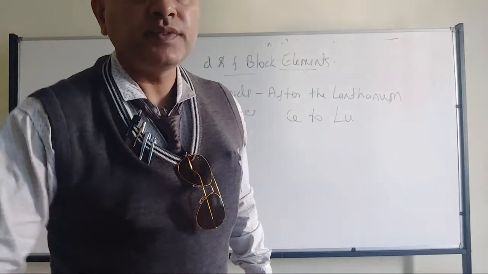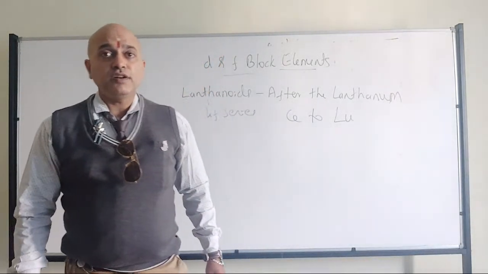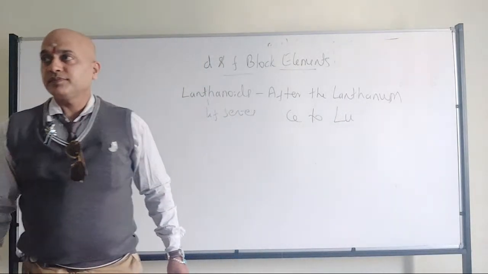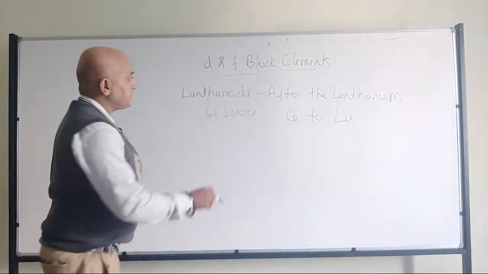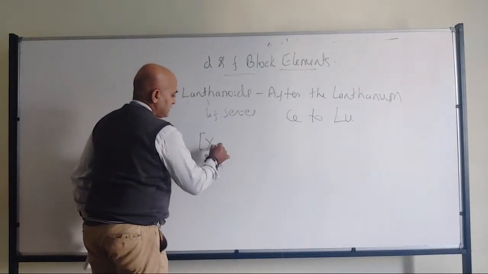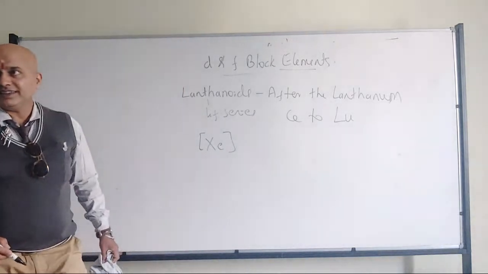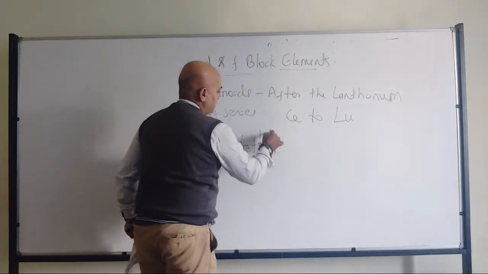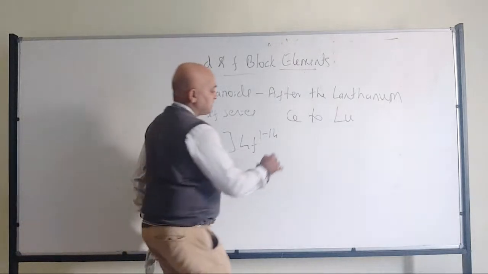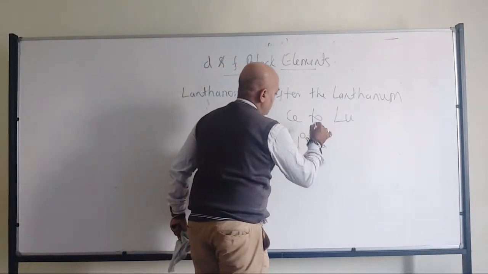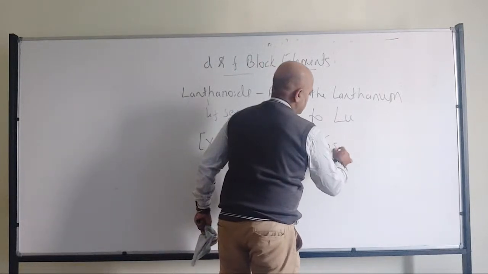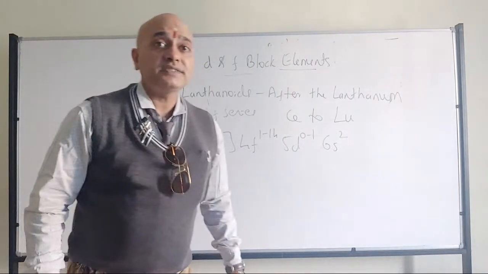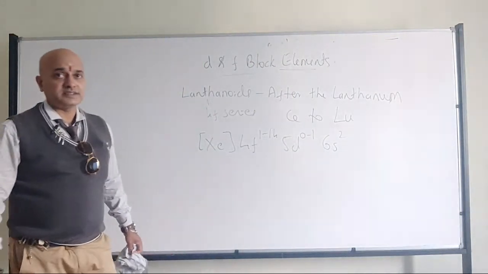We have to take xenon, then 4F1 to 14, 5D 0 to 1, 6S2. So this is the general electronic configuration for the 4F series elements or lanthanoids.